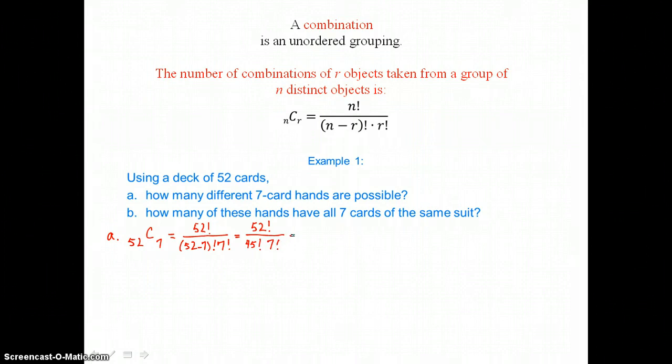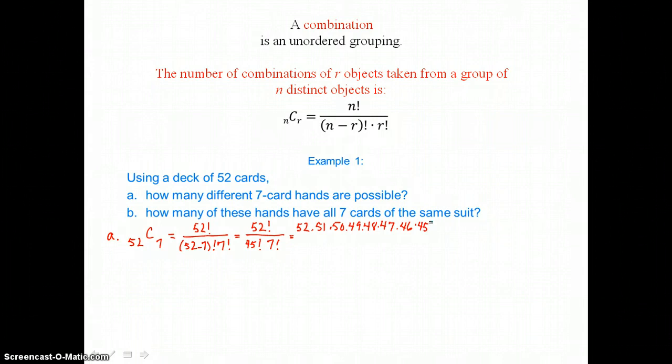And now we'll expand. In the numerator we have 52 times 51 times 50 times 49 times 48 times 47 times 46. And at 45 I'm going to stop.